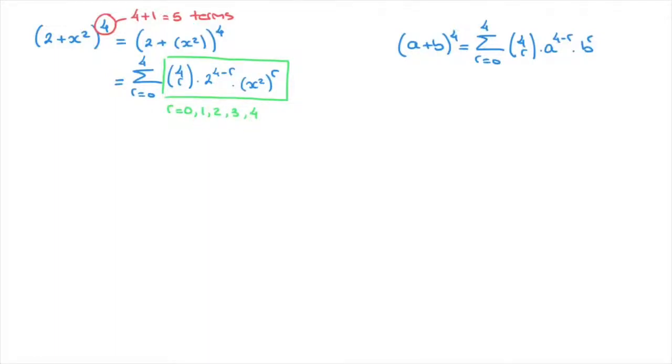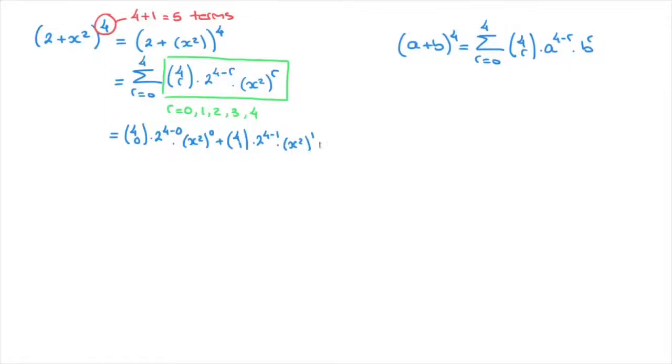So let's go ahead and do that. This will equal the case where r equals 0, that would be the binomial coefficient for 0 times 2 to the power of 4 minus 0 times x² raised to the power of 0. We add to that the case where r equals 1. That would be the coefficient for 1 times 2 to the power of 4 minus 1 times x² raised to the power of 1.